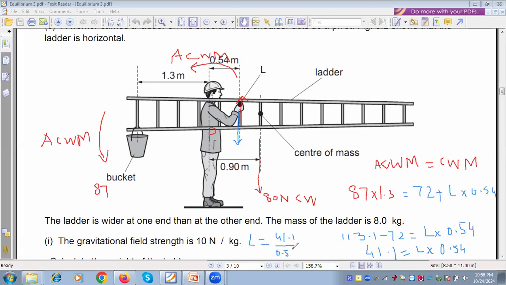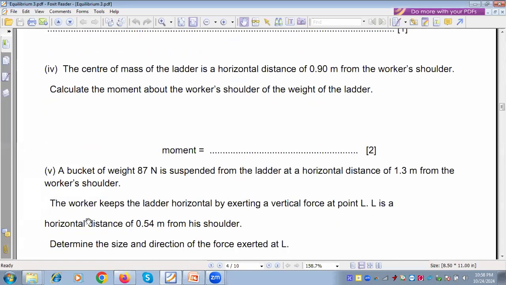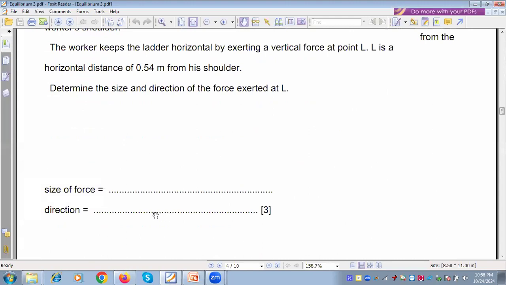That is coming 76. So this is a force which is to be applied by the person in downward direction to keep this in equilibrium. Okay, so that answer is, and size of force, what is the direction?